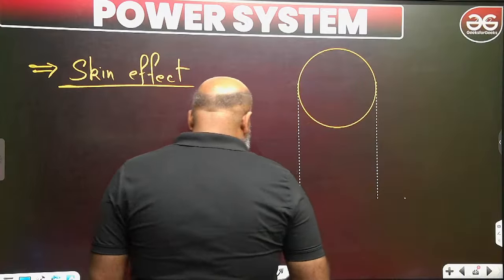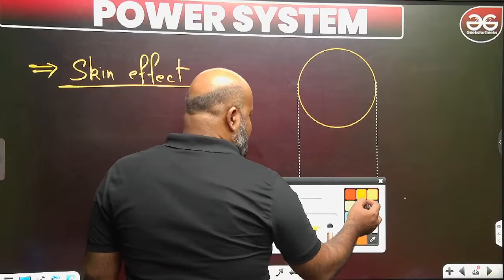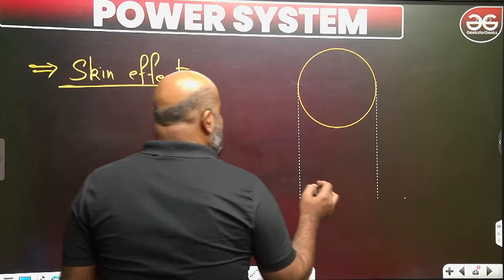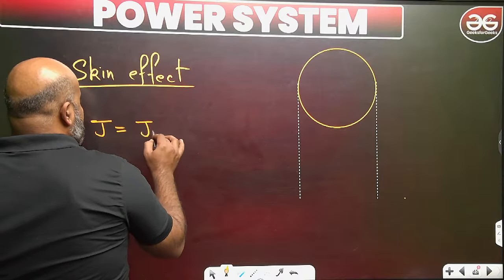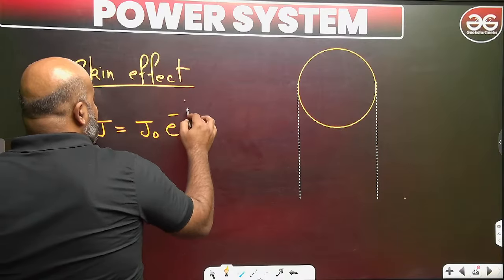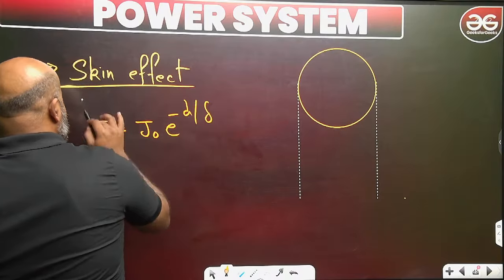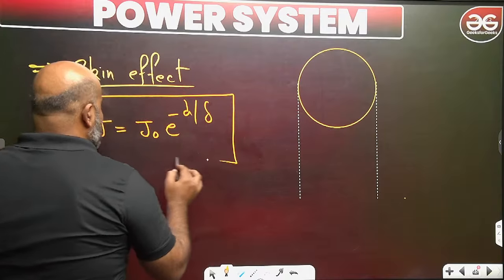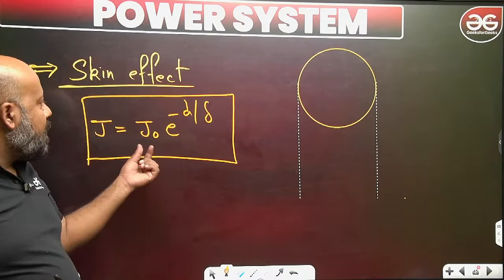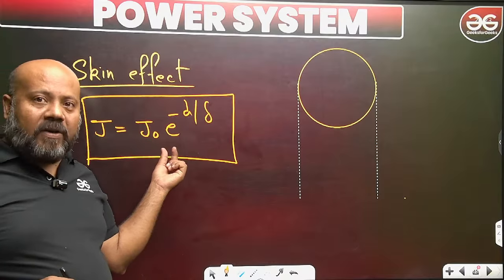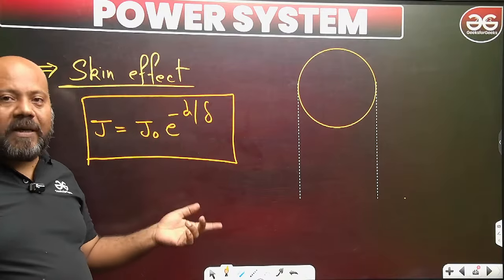See what is happening. If I am defining the current density J as J naught e raised to the power minus d upon del. This is the current density, how we are defining it, that we are starting from a value and after that there is exponential decrease.